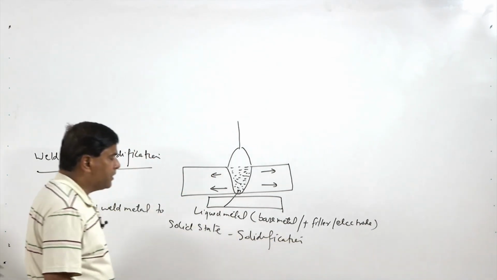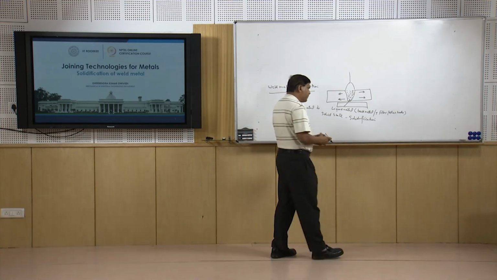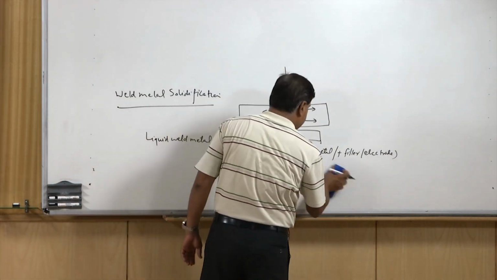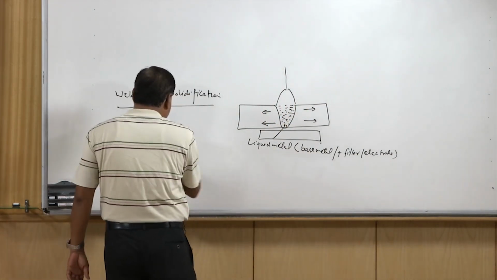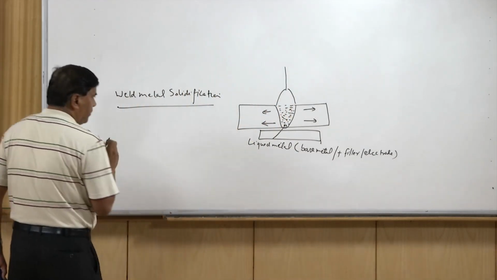The solidification of the weld metal is found to be different from what is typically observed in case of the casting processes. So, in which way it is different, in which way it is same, that is what we will be talking about here.